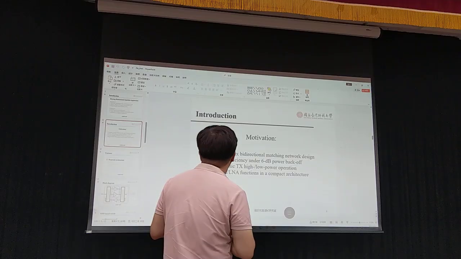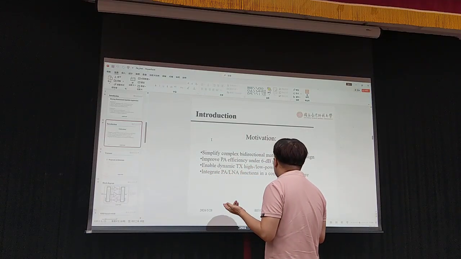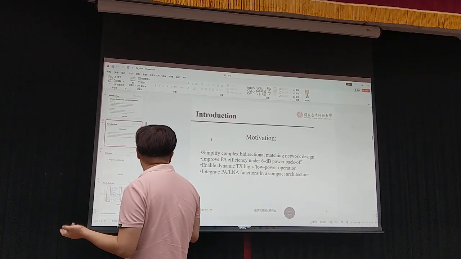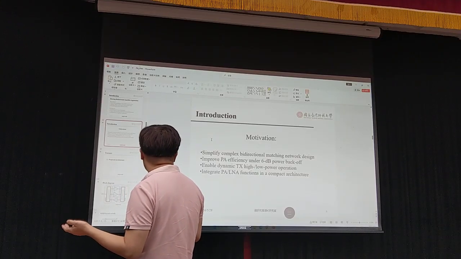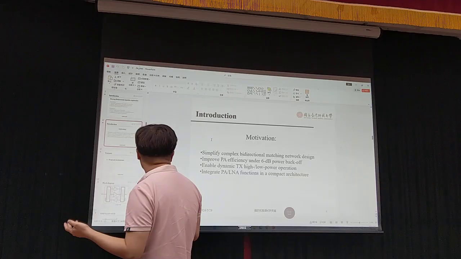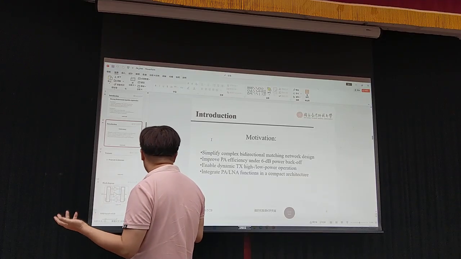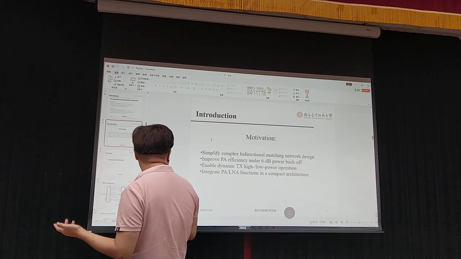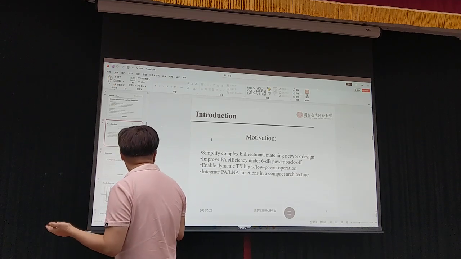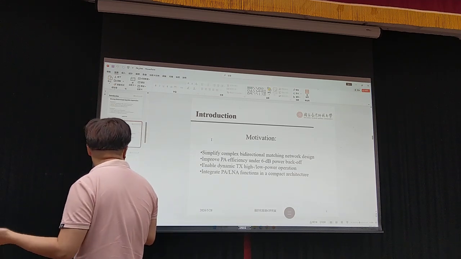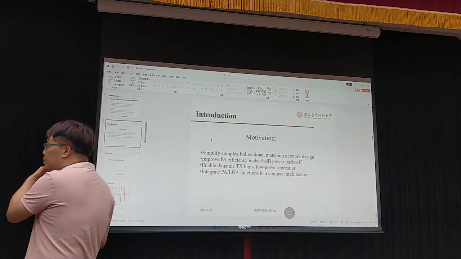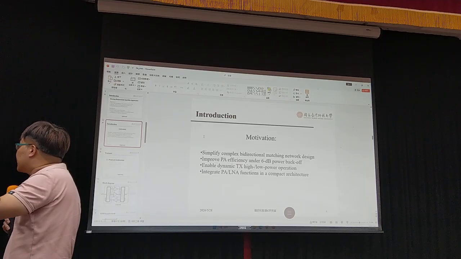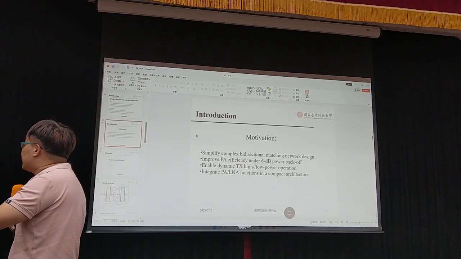For the first one, try to simplify the complex circuit. And the second one, try to improve the PA efficiency. Based on the result you provided, I can see there's some improvement for target 2. But for target 3, enable the dynamic high and low power operation, is it because you utilize the LPA or HPA?